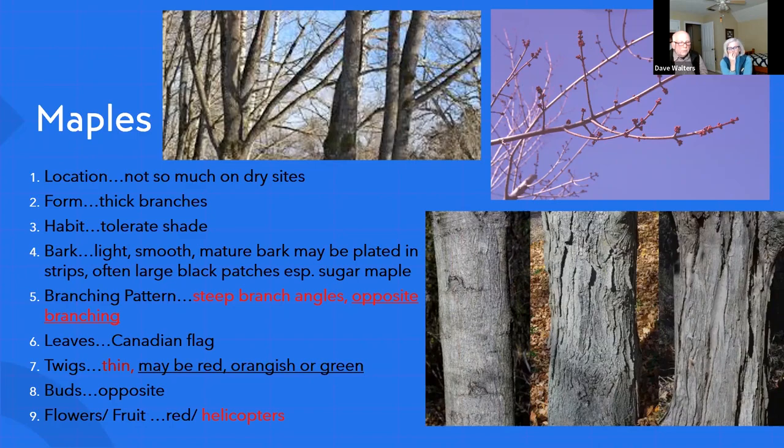The new growth on the branches is red. Helicopters tell you that they're maples, and maples tend to have light colored thin bark. It's not very thick, and sometimes it's furrowed and got strips in it when they get old, but it's mostly smooth.